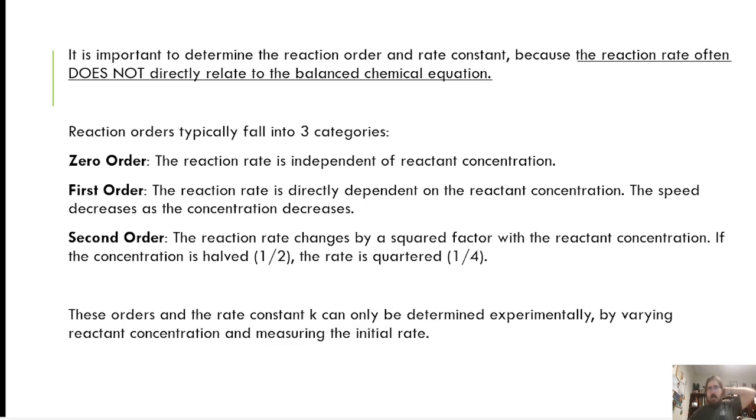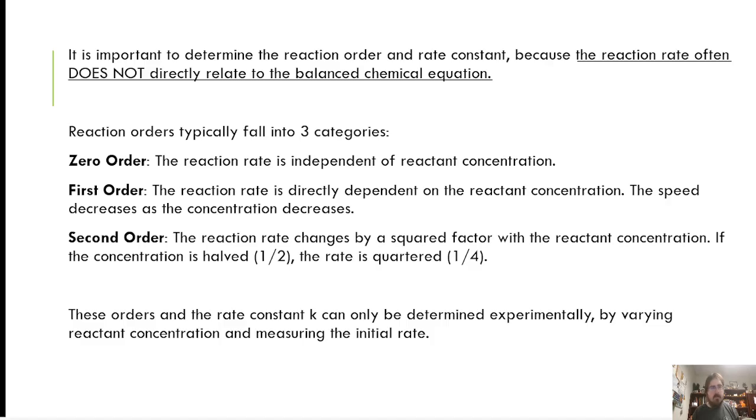So the key thing to remember is that the rate does not directly relate to a balanced chemical equation. It's actually going to be based on smaller equations that combine together. That's going to relate to what we're going to call the mechanism, but we'll have to get there later.